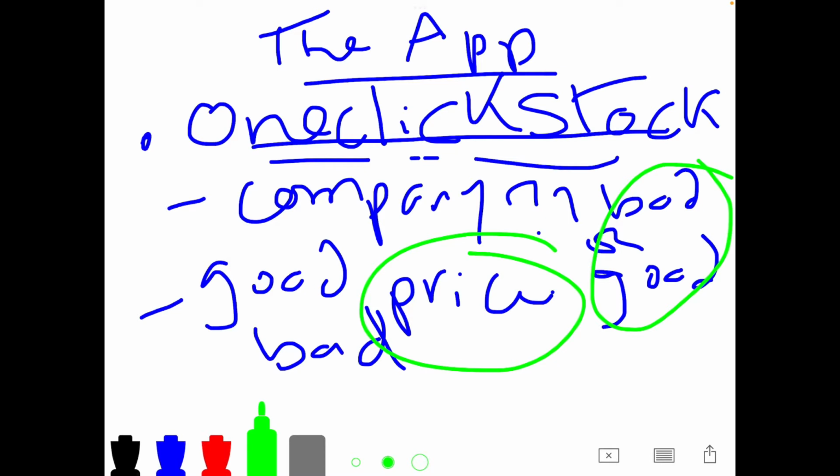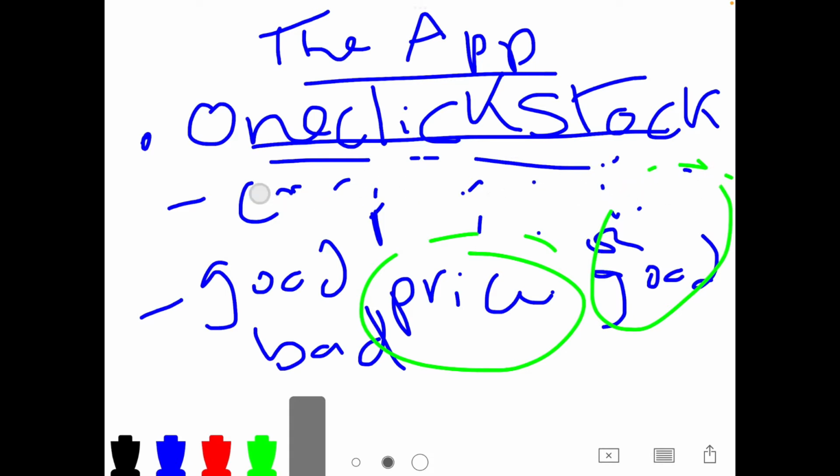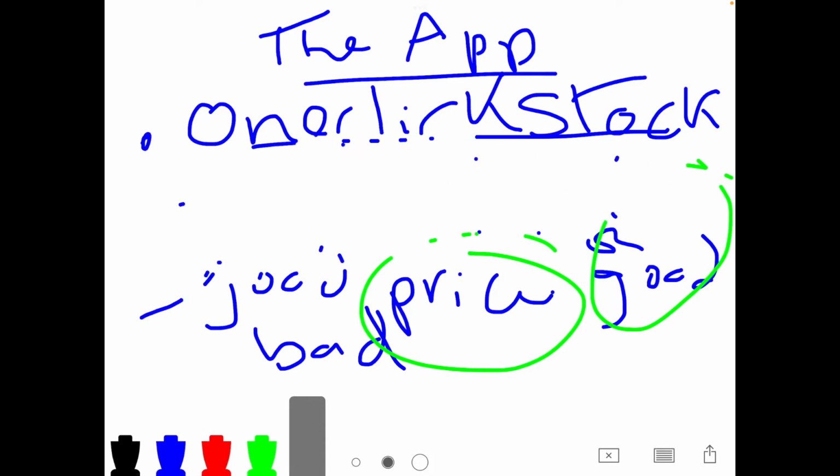The third concern that most investors, or all investors, actually have is how soon I can generate a profit.